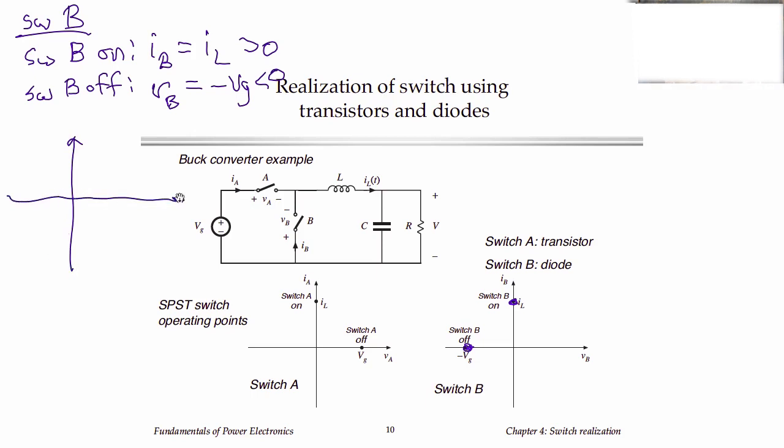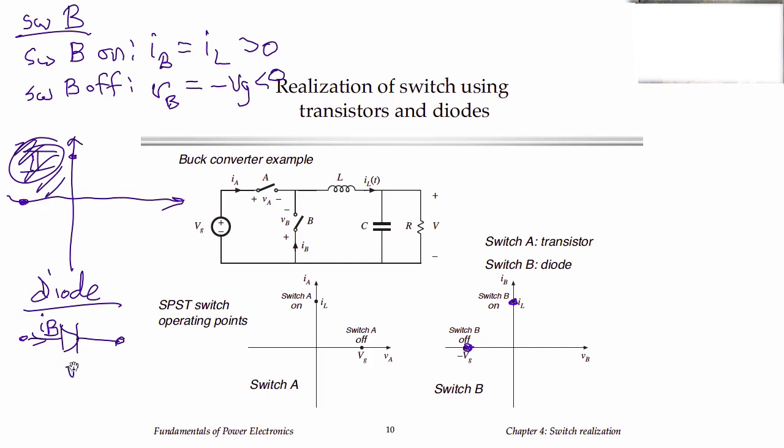So in this case, we have a positive on-state current and a negative off-state voltage. We're in the second quadrant, and that's a diode. Okay, so switch B must be realized with a diode.